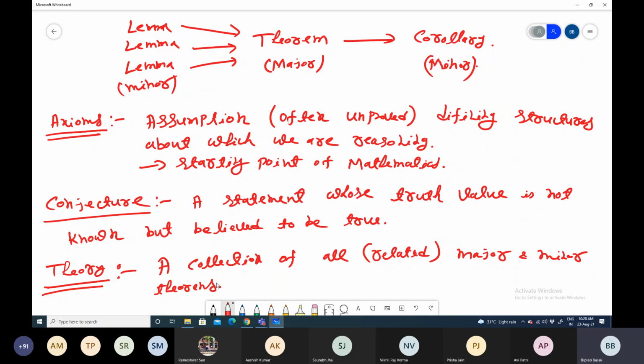That means it is a collection of all of these axioms, theorems, lemmas, corollaries, conjectures, okay, and everything related. So this is called a theory. For example, in this course we have seen logic theory, and next we will see relation theory, and then we will see set theory in this way.